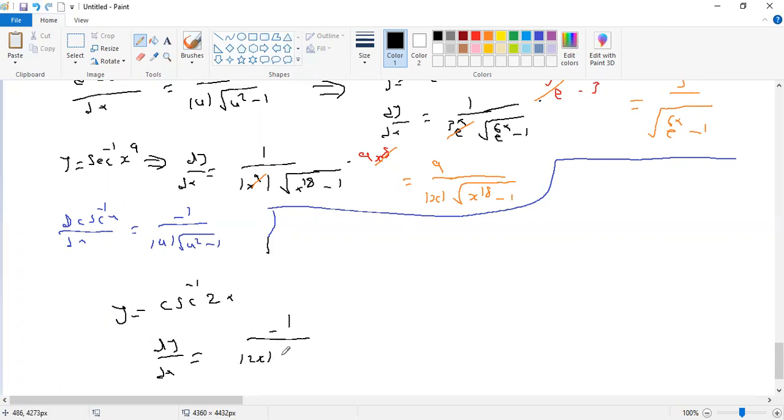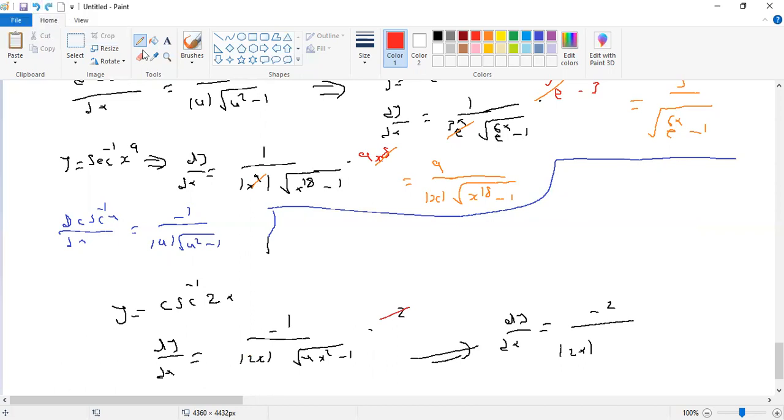of 2x multiplied by the square root of 2x squared, which is 4x squared minus 1. The derivative of 2x is 2. So the answer is dy/dx equal to negative 2 over the absolute value of 2x, and this 2 can be cancelled with this 2. It does not affect the answer.